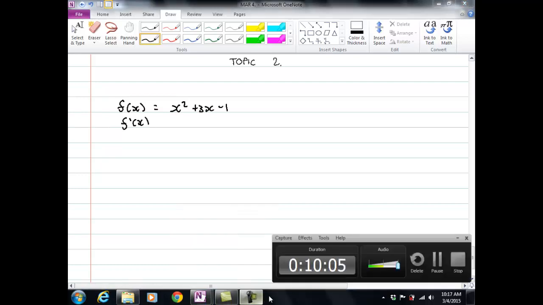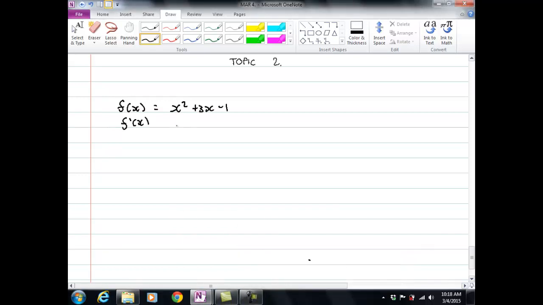Your time starts. If you do this, a lot of you did the limit as h approaches 0 of x plus h squared. In this one, I don't need to break it up. Why? Because they're all simple numbers to work with. And there's no square root, so I'll just keep it the way it is.